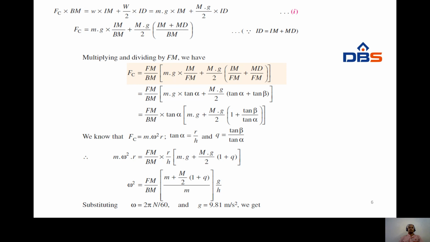By using the notations, just now we thought about how we took the moments about O. In the same way, for the Proell governor, we are taking the moments about the instantaneous center. In the Porter governor, we know that the relation between H and N can be solved by two methods: one is the force diagram, the second is the instantaneous center diagram.